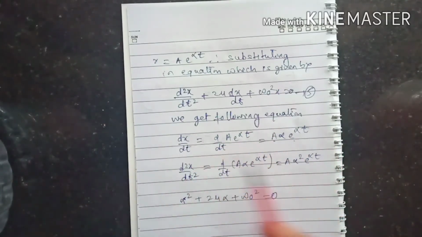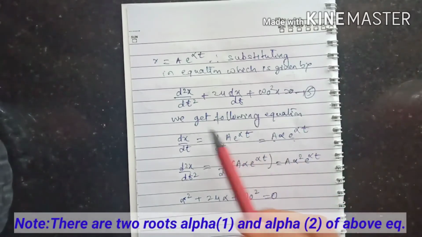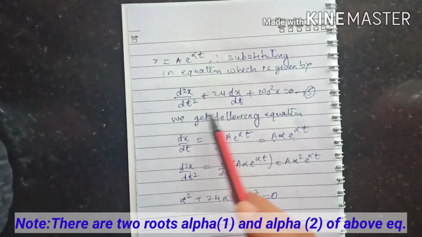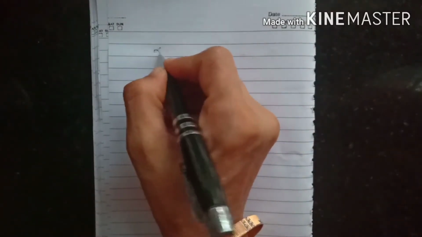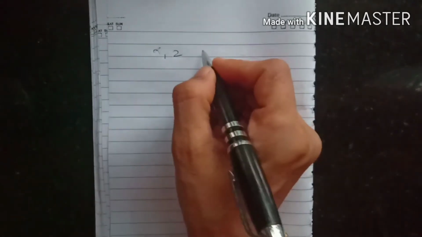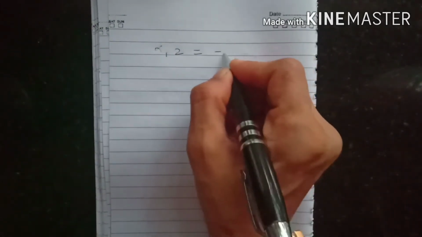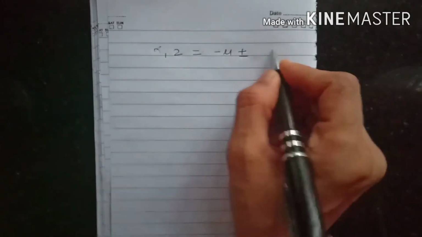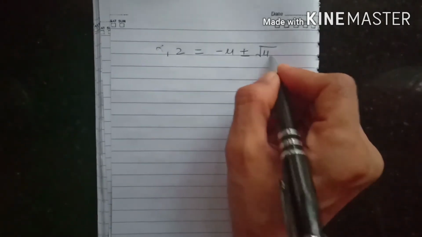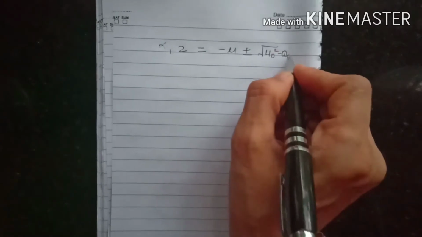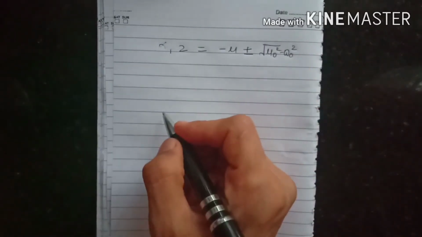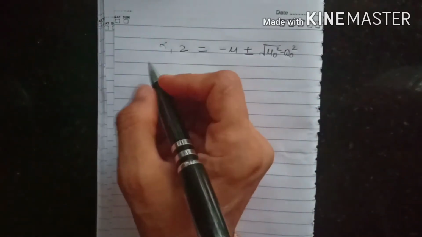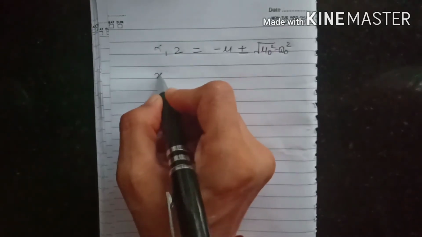Finally we get alpha² + 2 mu alpha + omega 0² = 0. Then alpha 1,2 is given by minus mu plus or minus root of mu squared minus omega 0 squared. Clear?